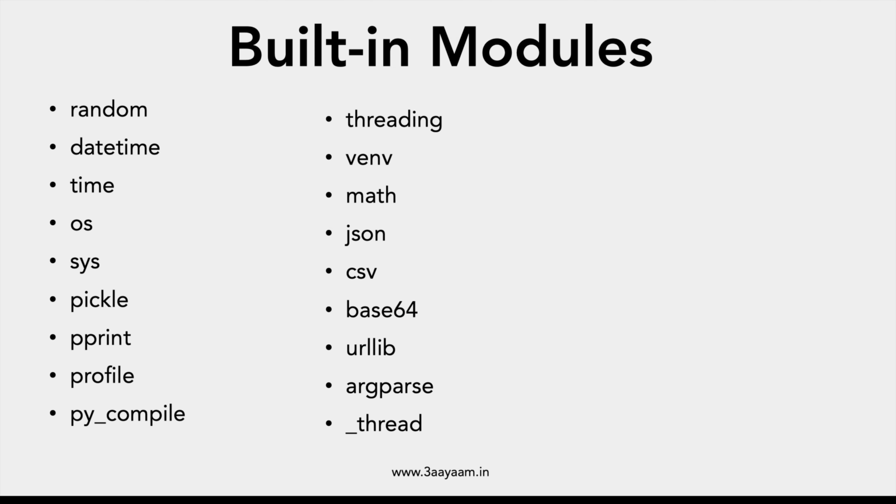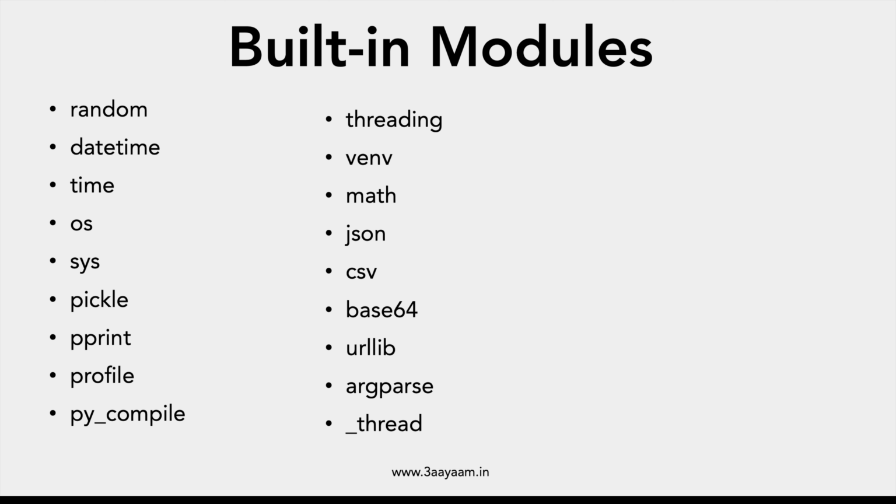And these are some of the built-in modules that we use a lot. We have already seen random and datetime. We also have the time module, the os module, then the sys module. os is for operating system, sys is for Python system variables. Then there is the pickle module, which is used to serialize and deserialize in Python.